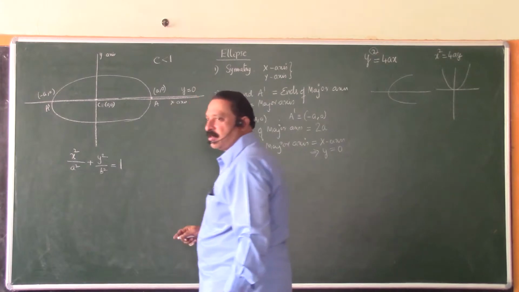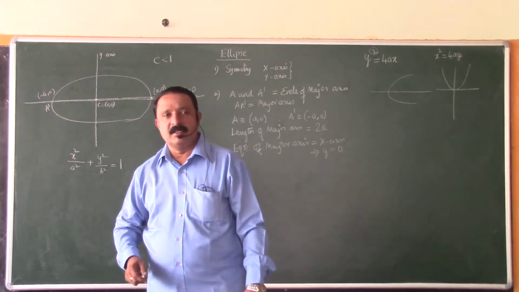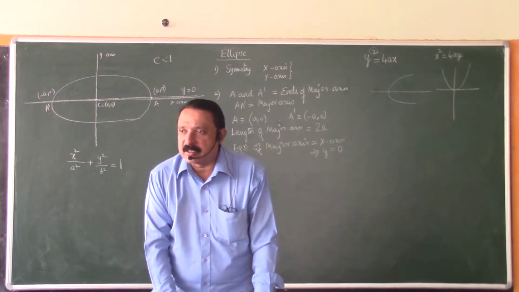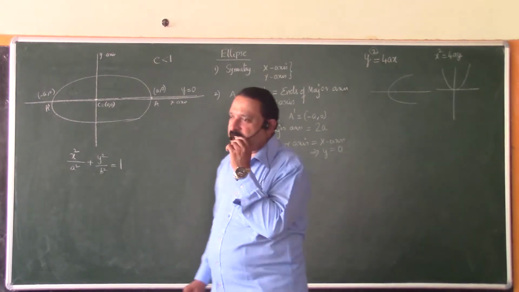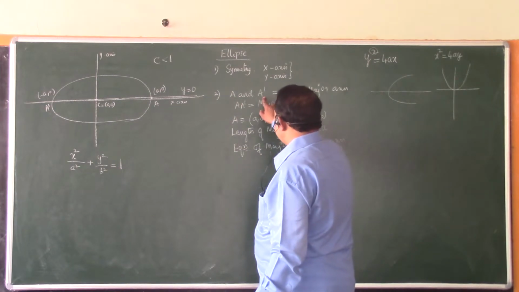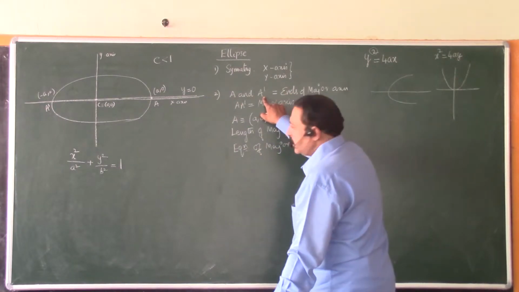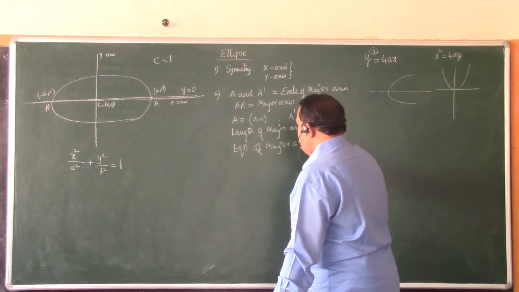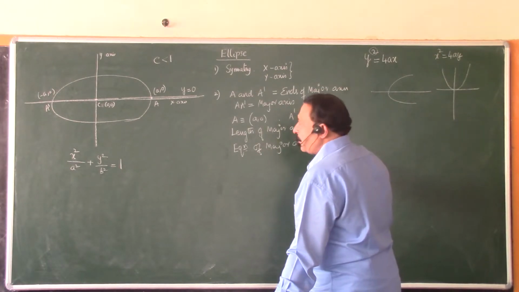That is the equation of the major axis. So about the major axis, what details have we learnt? Ends of the major axis are A and A dash, where A is a comma 0, A dash is minus a comma 0. Length of the major axis is 2a. Equation of the major axis is y is equal to 0.